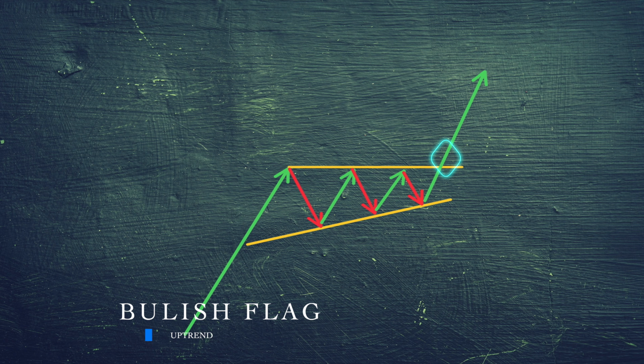The market is resting for a short period of time, and when it breaks through that, it is called a flag. In this example we have one major resistance, the market corrects, and when it breaks through this resistance, we call it a flag.